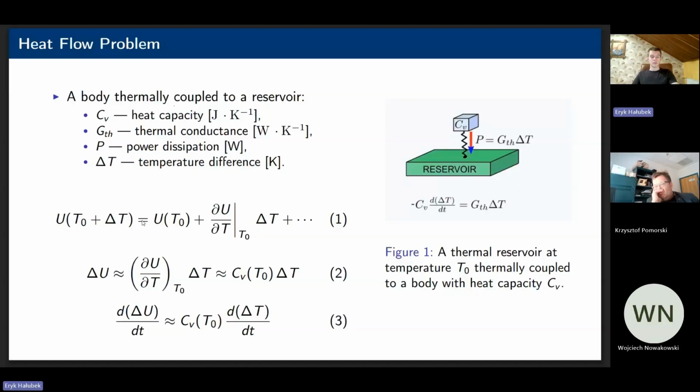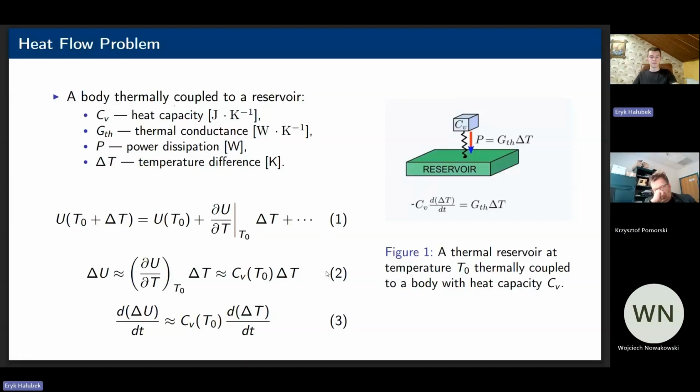we get to the conclusion that it can be expressed in a linear regime approximately as that heat capacity multiplied by a difference of temperature between the body and the reservoir. And of course, the heat capacity at the temperature T0 at which the reservoir is kept.